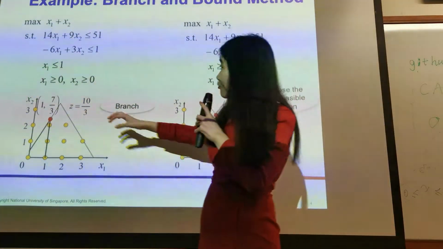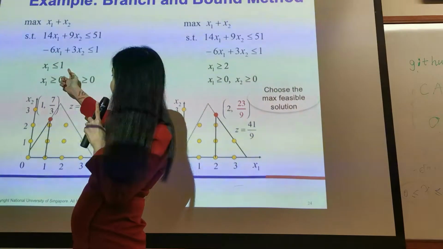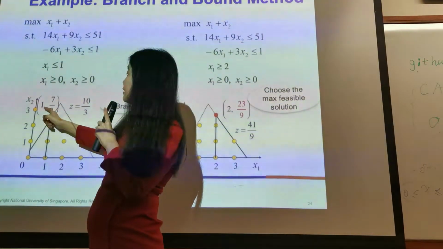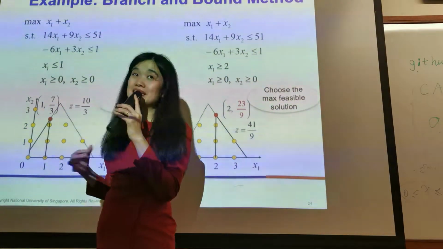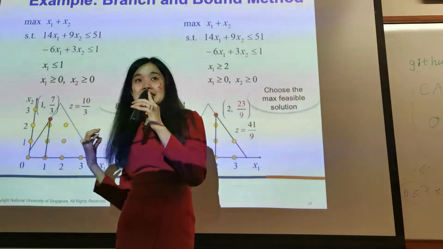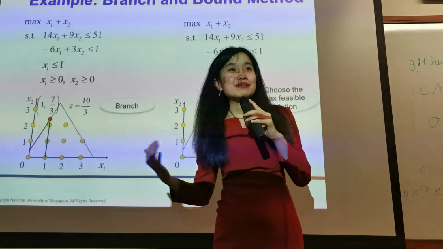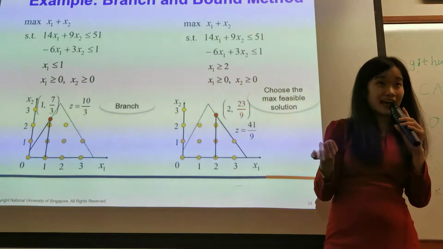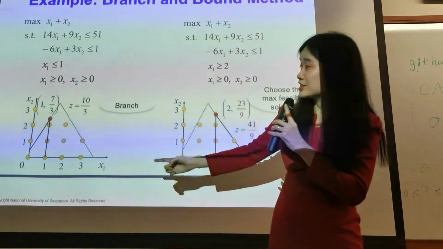Because my x1 is smaller than or equal to 1, when x1 equals 1, it means x1 is really at the boundary, so it becomes an active constraint. I find my solution x1 is an integer here.